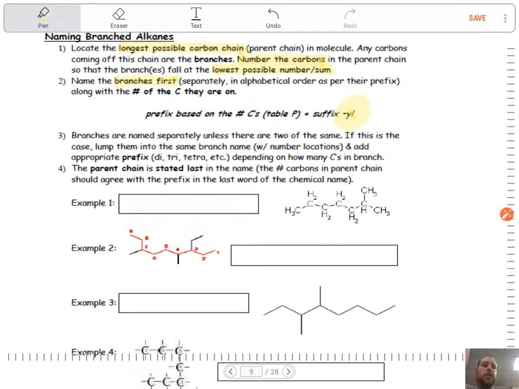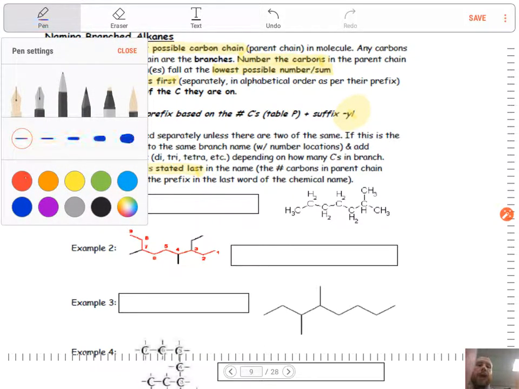If this is the case, you lump them into the same branch name with the number location and add the appropriate prefix, di, tri, tetra, and so on, depending on how many of the branch there are. The parent chain is stated last. That's the big thing, guys: parent is last in the name, and the number of carbons in the parent chain should agree with the prefix in the last word of the chemical name. So let's jump in and do some examples together, okay?